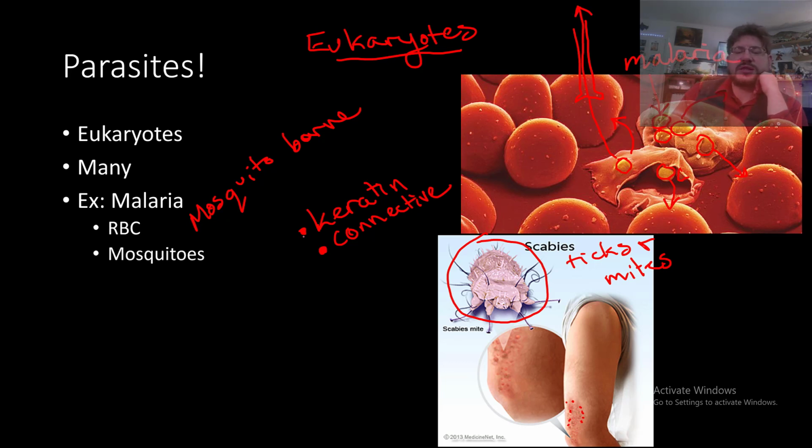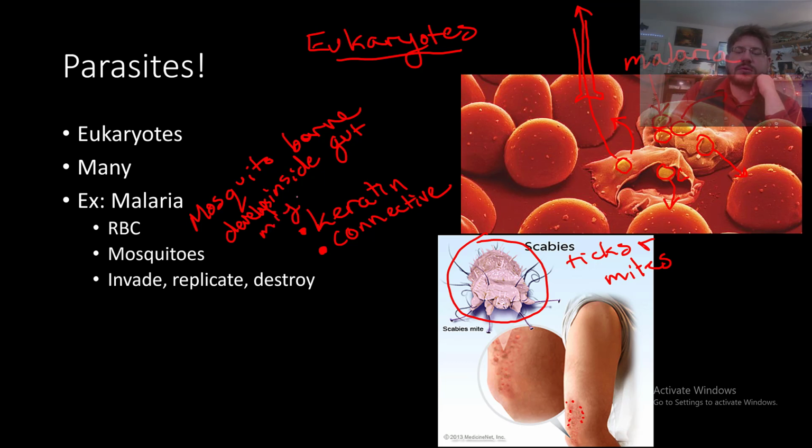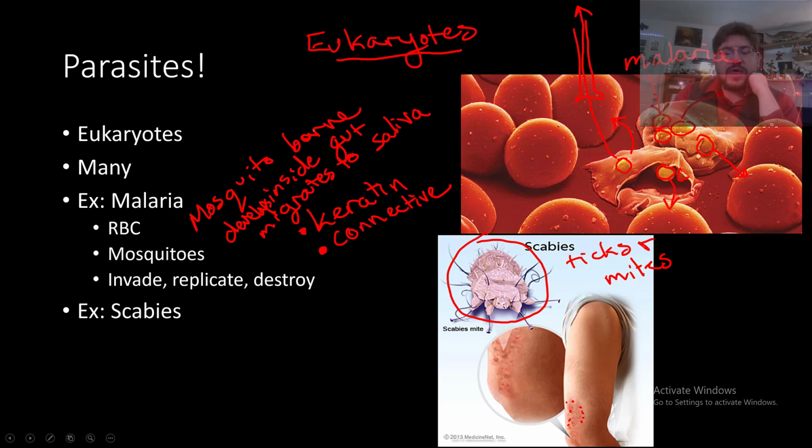And malaria will actually get into the mosquito gut, and it develops inside the mosquito gut, and then it migrates to the mosquito salivary glands, so that the next time the mosquito drinks blood, the mosquito exudes saliva when it first pops into your veins, your vessels, and then the malaria comes out.